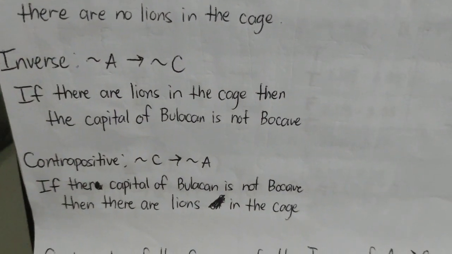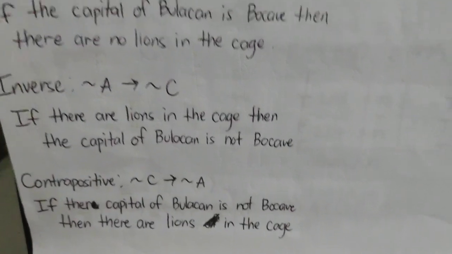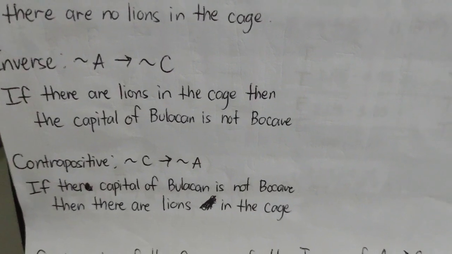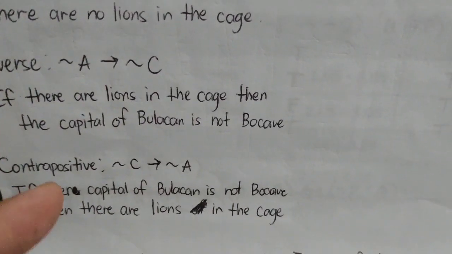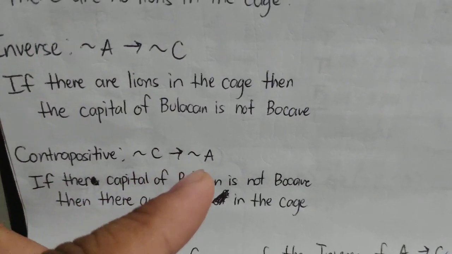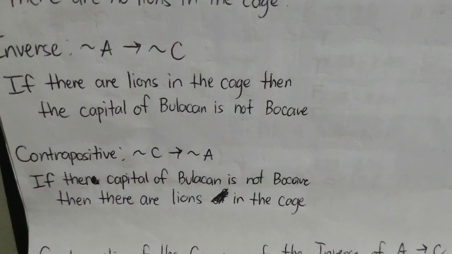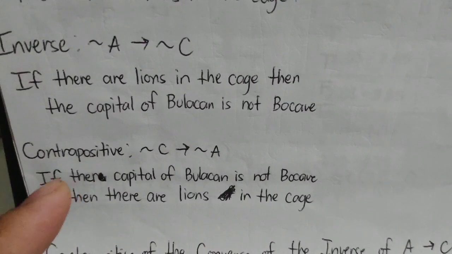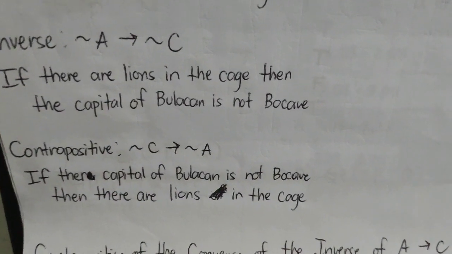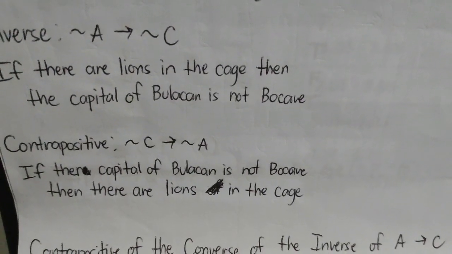Now for the contrapositive, you will switch the original statement A implies C to become C implies A and then negate them. So it will become the negation of C implies the negation of A. So the statement will become: if the capital of Bulacan is not Bukawi, then there are lions in the cage.